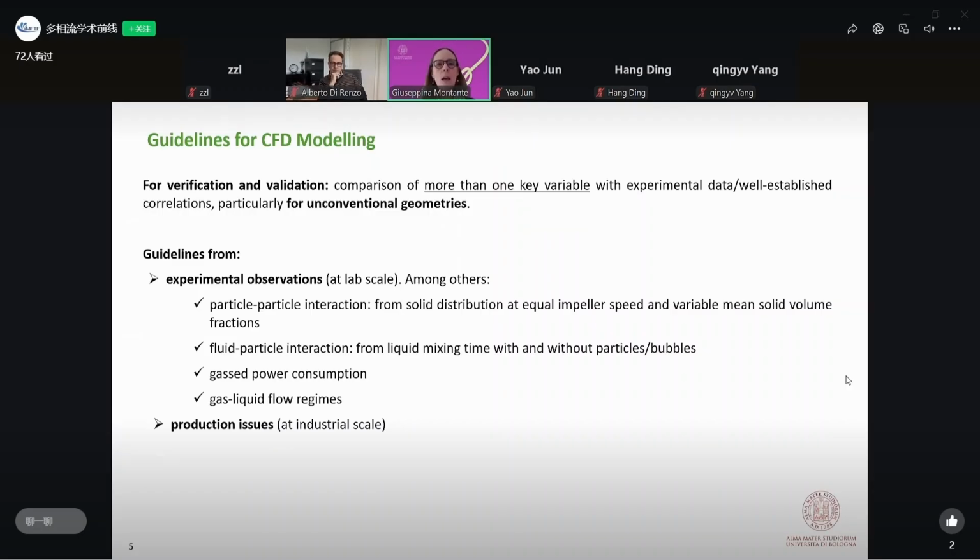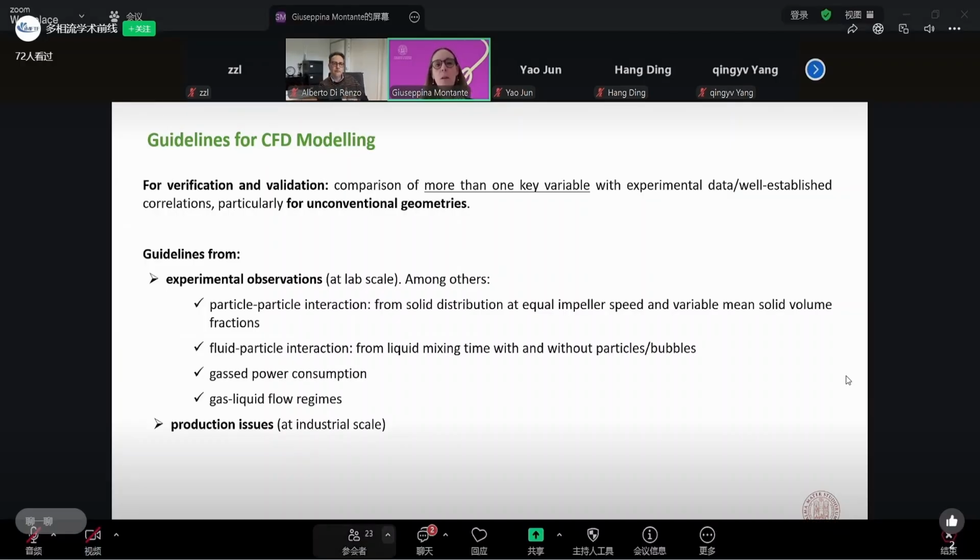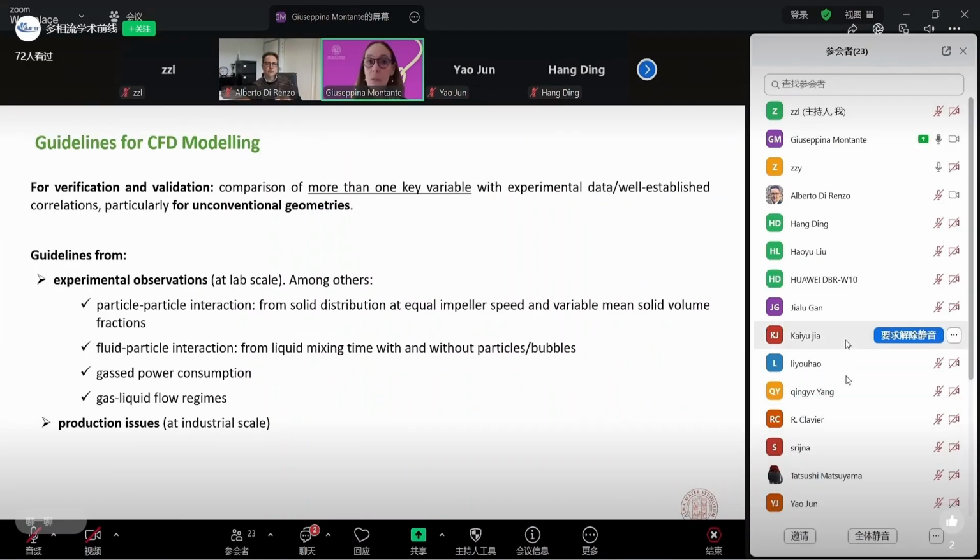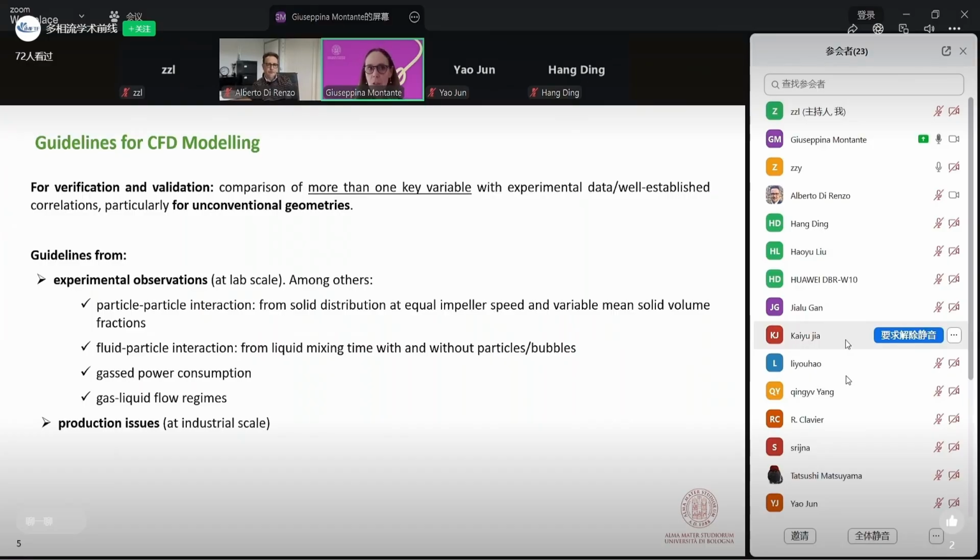First of all, we have, as I mentioned before, to be particularly aware of the difficulties in case of unconventional geometries, and if it is the case, it's better to have guidelines from experimental observation. In case of conventional geometries, we have a high amount of data and correlations that can guide us in the identification of the right modeling approach.